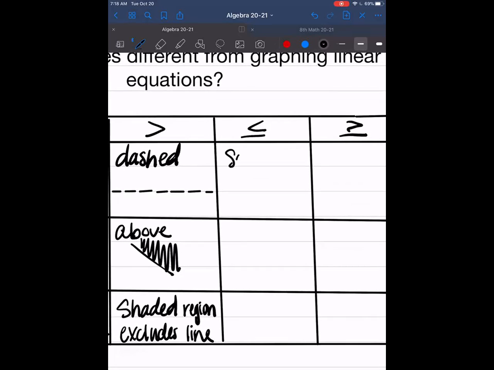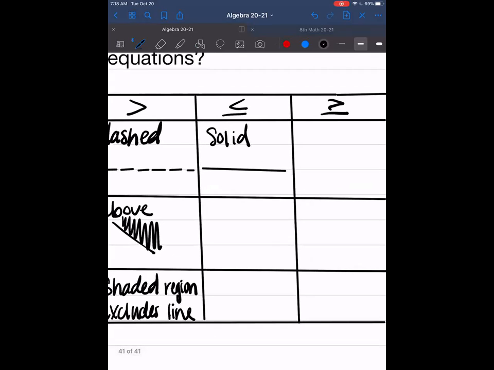So now we have less than or equal to. This is going to be a solid line. So just a solid line. To shade it, it will be below the line again, or under the line. So if we had a line like so, we would shade underneath.